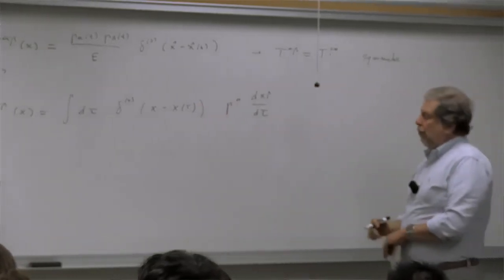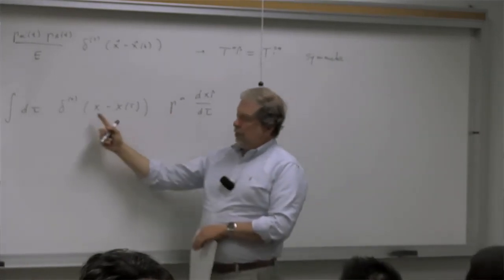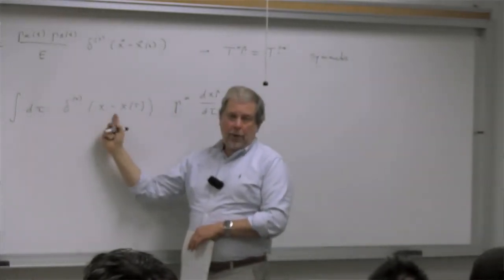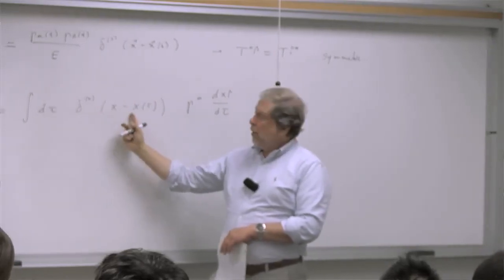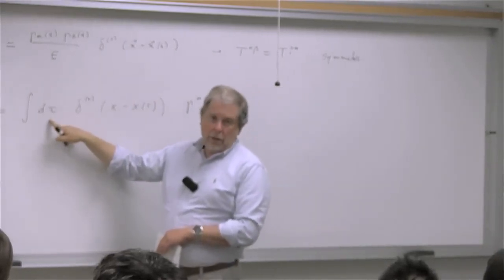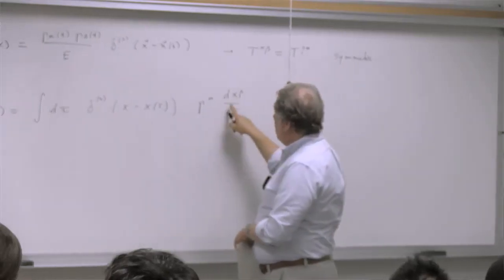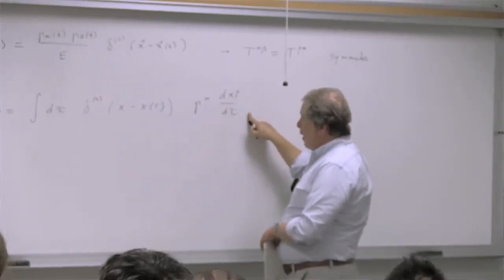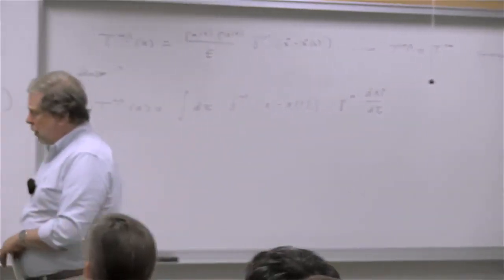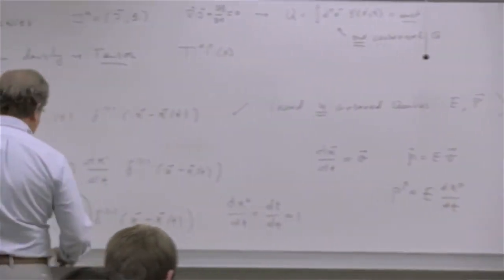So this is still true. Why is it true? Because the naught component of this delta function can be written as a delta of t minus t naught, which gets rid of the integral over tau, right? And you pick up a Jacobian factor, which gives dx by d tau by dt, and that turns into the d by dt that we have here.